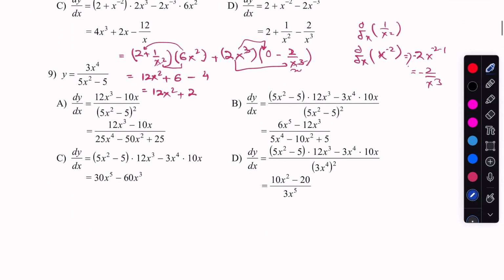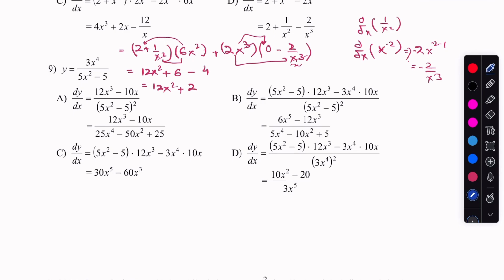Okay, now let's move to the next question, which is question number 9. Question number 9 is in the fraction, which means this function is divided by this function, so the rules we have learned are not applicable on this question. So now we're going to learn a new rule, which is the quotient rule.